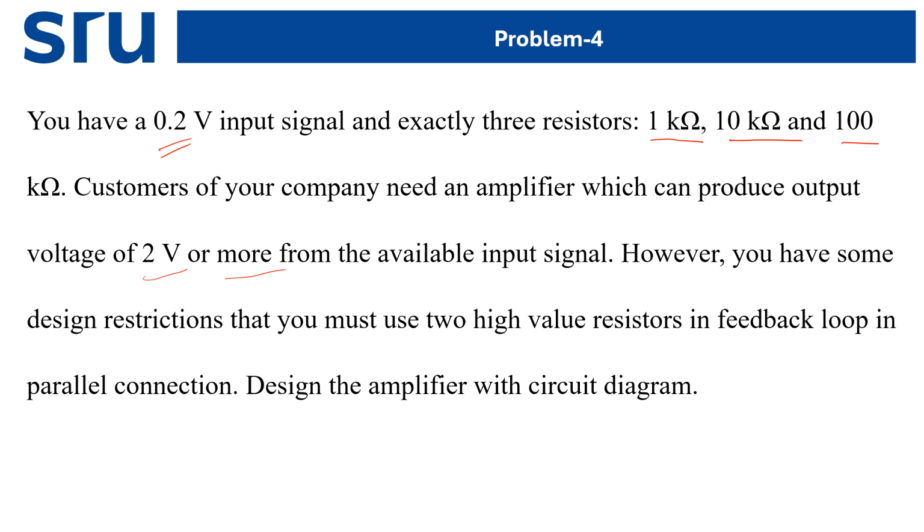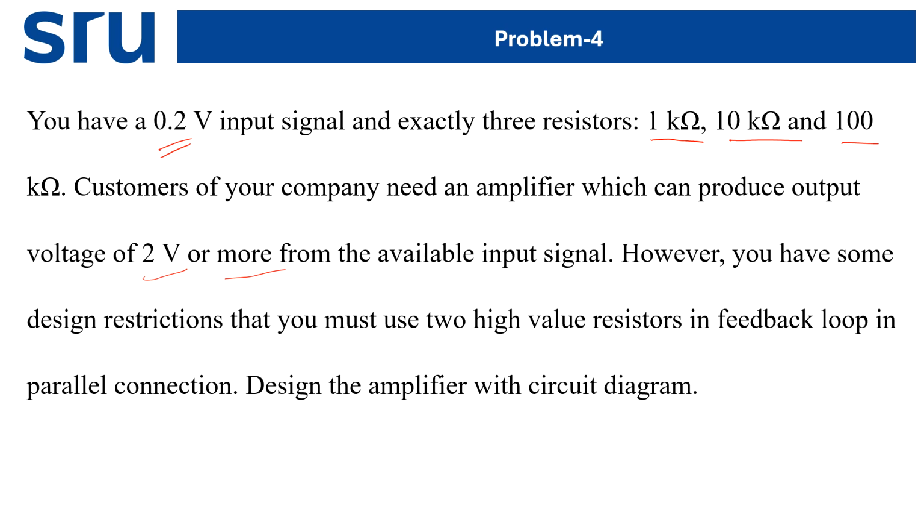Okay, that is also good, but there is a design restriction: you must use two high value resistors in the feedback loop in parallel connection. Okay, so now we can properly design after implementing this condition.